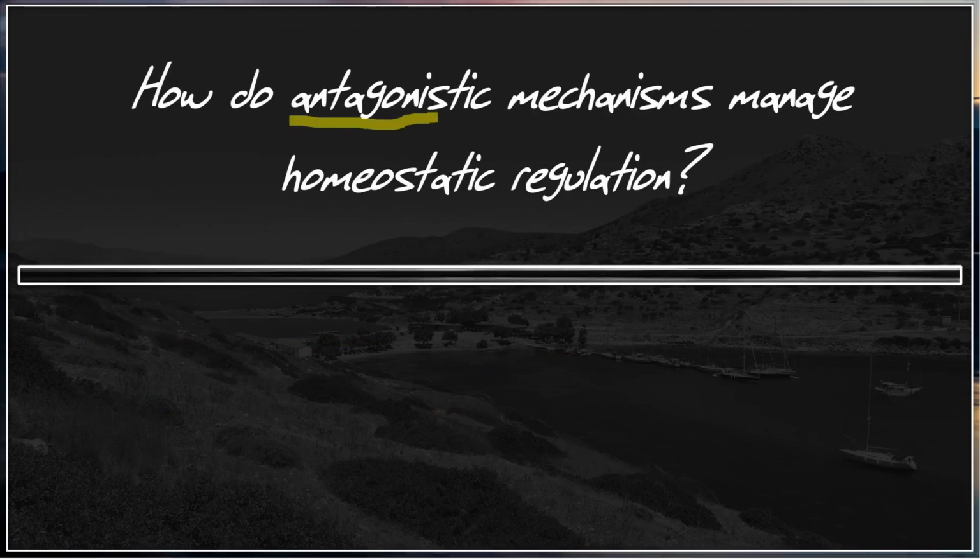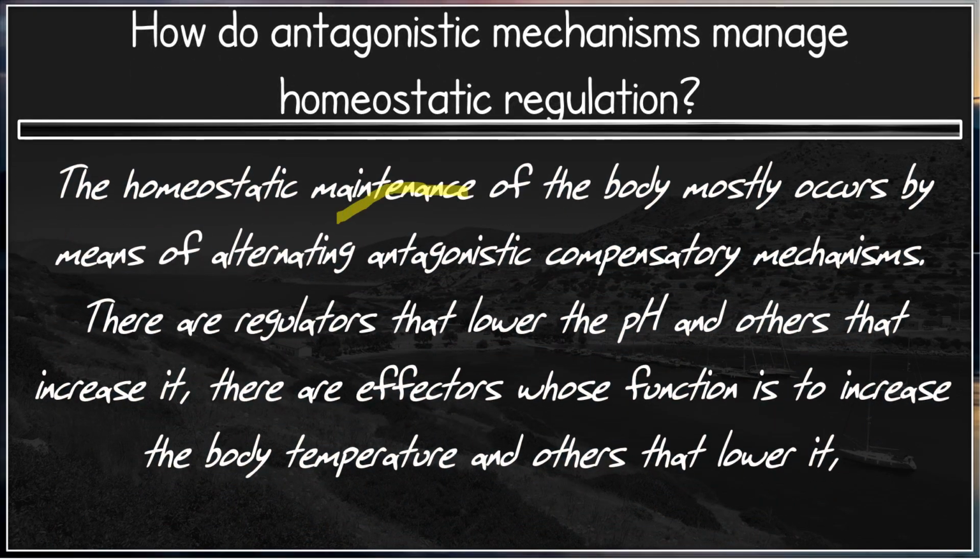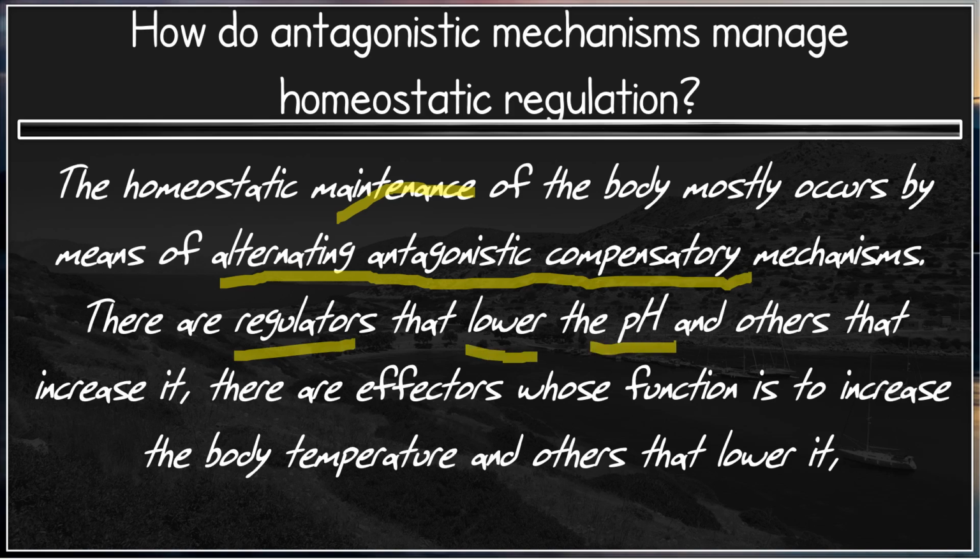How do antagonistic mechanisms manage homeostasis regulation? The homeostasis maintenance of the body mostly occurs by means of alternating antagonistic compensatory mechanisms. There are regulators that lower the pH and others that increase it.